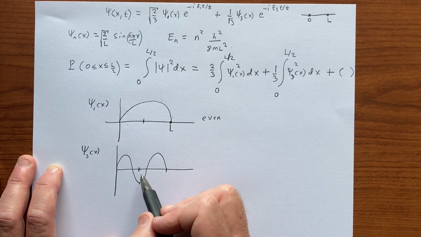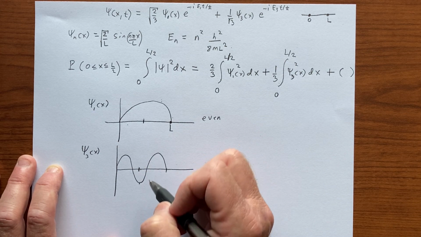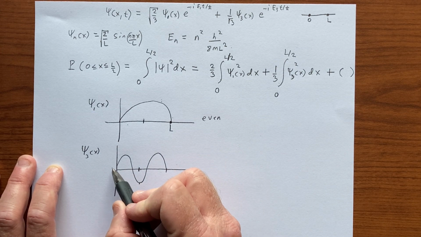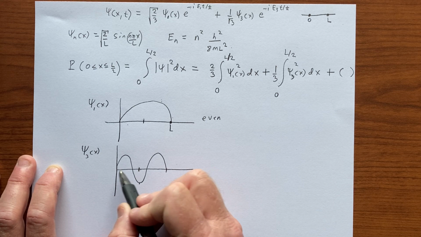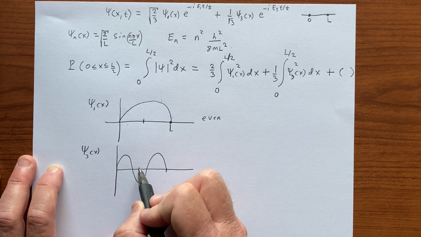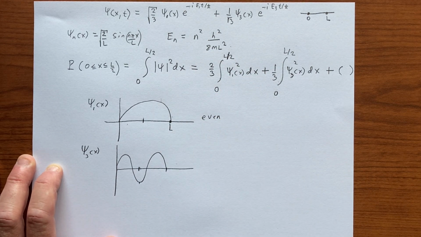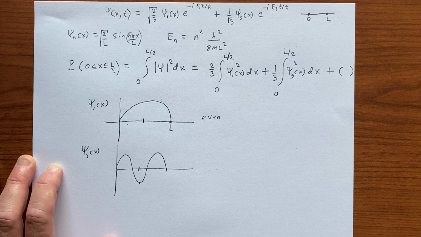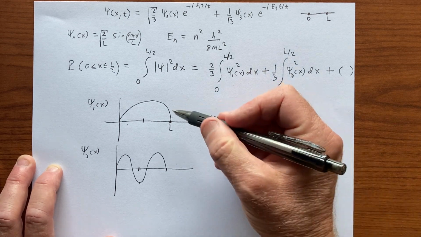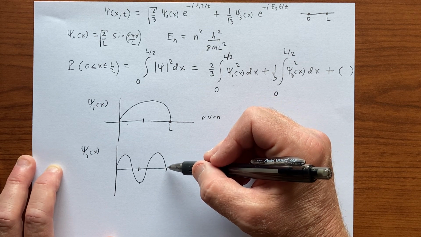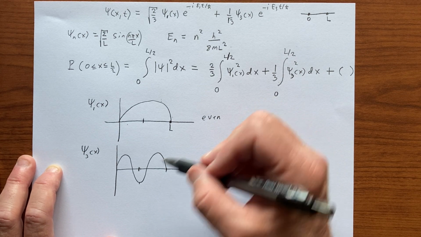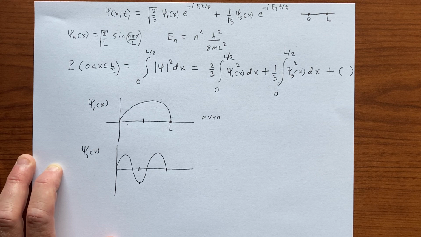And the same is true here. Psi 3 squared turns this thing into a positive quantity, but it gives you the same probability between 0 and L over 2 and L over 2 and L. And so neither of these two functions can at any time lead to a preference in the side on which the particle is found.